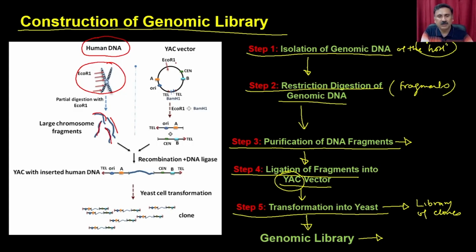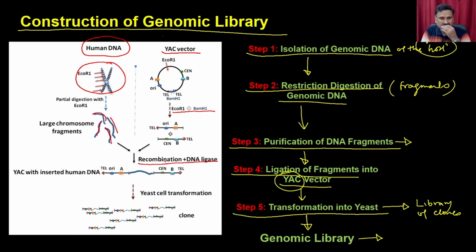In the same way, you take the YAC vectors. YAC is the yeast artificial chromosome vector, and it also has the EcoR1 site. So you digest that with EcoR1 and BamH1, which gives you linear fragments. Then you do the ligation.